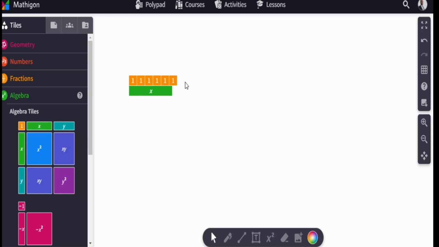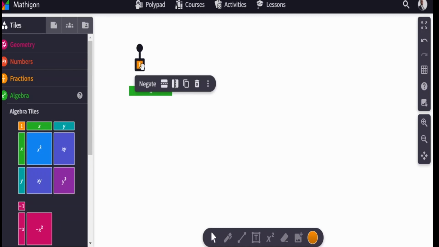So there's no number of unit tiles that can fit exactly onto the length of the X tile. But remember I said the dimensions are x by 1. So when you check the width, which I said is 1 unit, you see that the 1 unit fits exactly onto it. So that is why it's x by 1 unit. The 1 unit tile can fit onto the width of the X tile, but no number of unit tiles can fit exactly onto the length of the X tile.